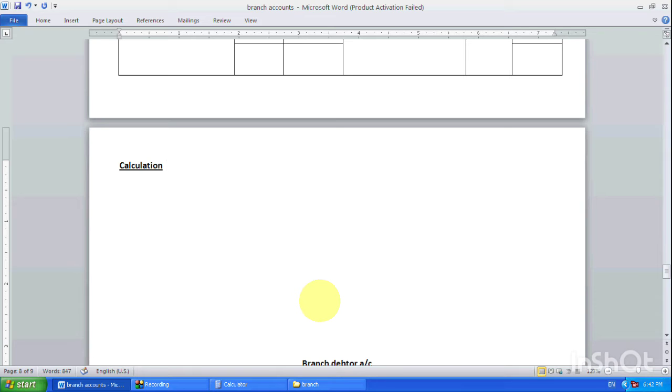Here write calculation of commission. Let's see first calculation of closing stock.